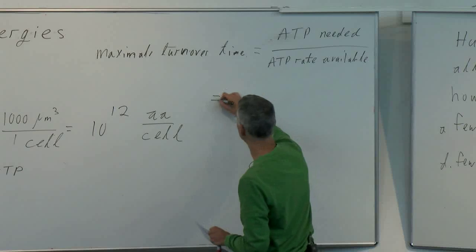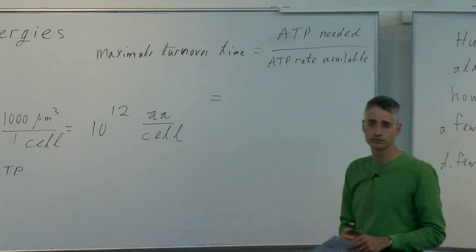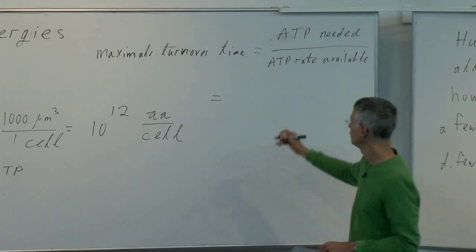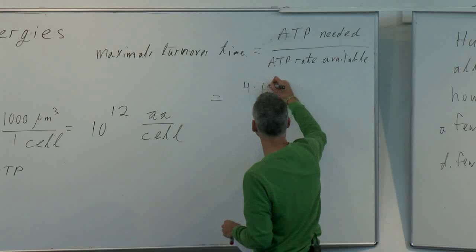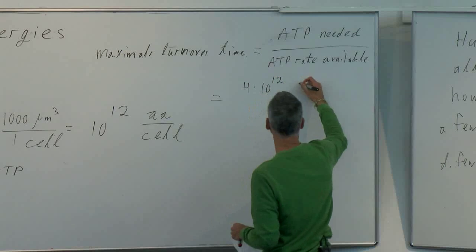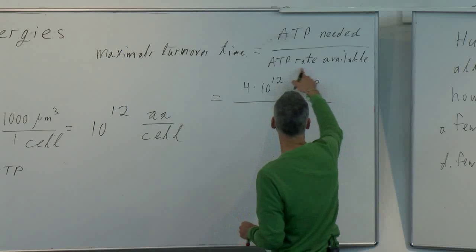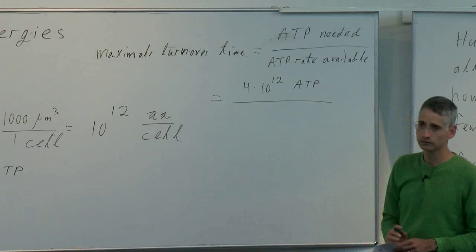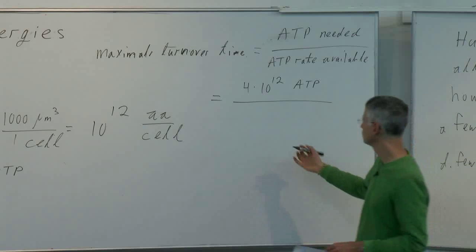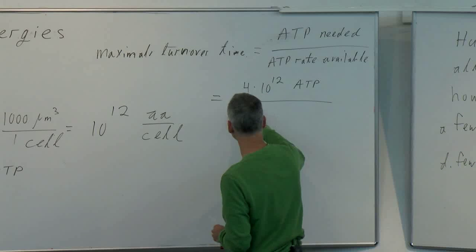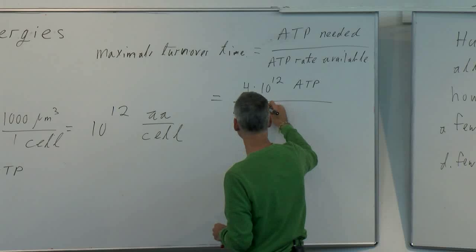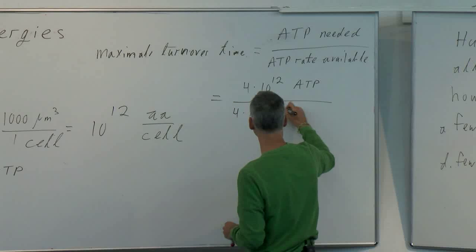So what is the ATP needed? Exactly here, 4 times 10 to the 12 ATPs. What is the ATP rate available? A few millions. Would you mind if I choose 4? So let's do 4 million ATPs.